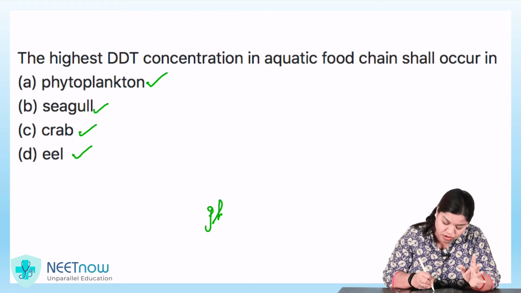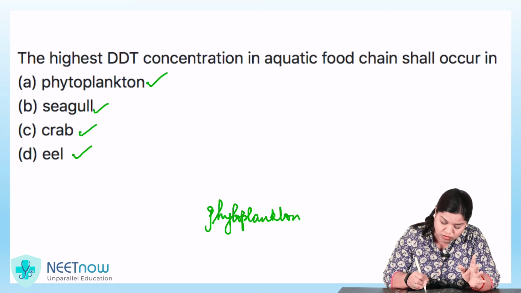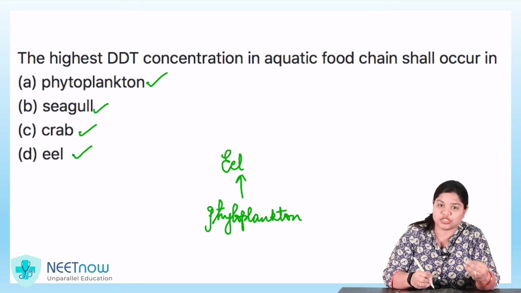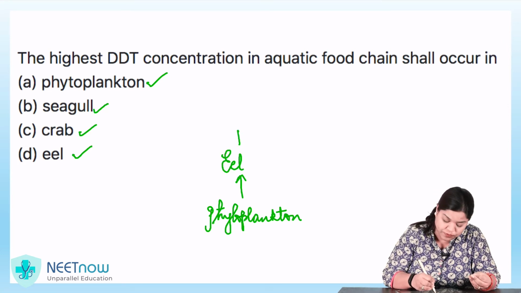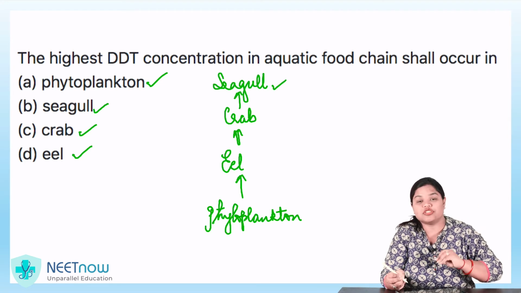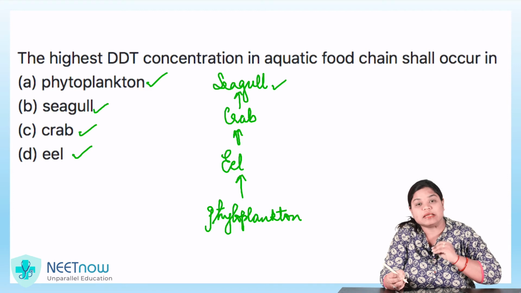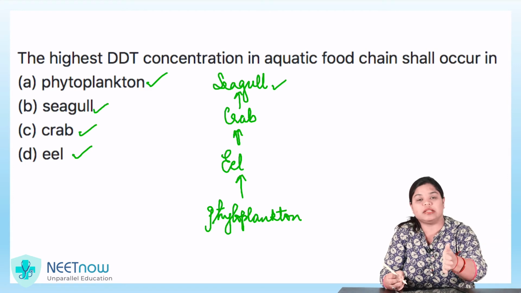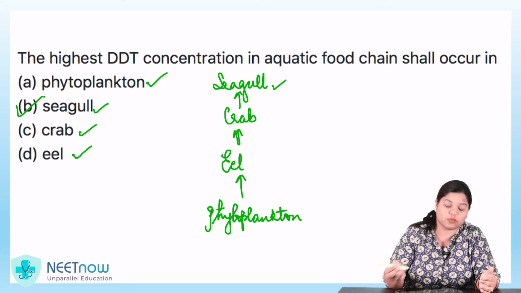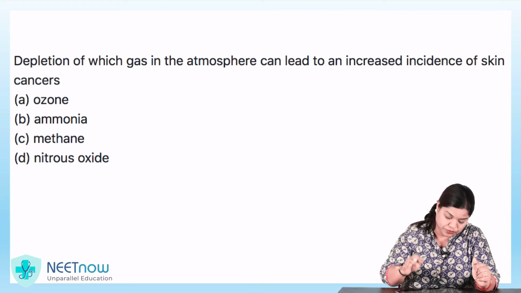See, phytoplankton. Eel is a kind of fish, an aquatic organism. Eel will be eaten by crab, which will be eaten by seagull. So the concentration of DDT increases with the increase in the trophic level as we move upwards. So your correct option is option B, seagull.